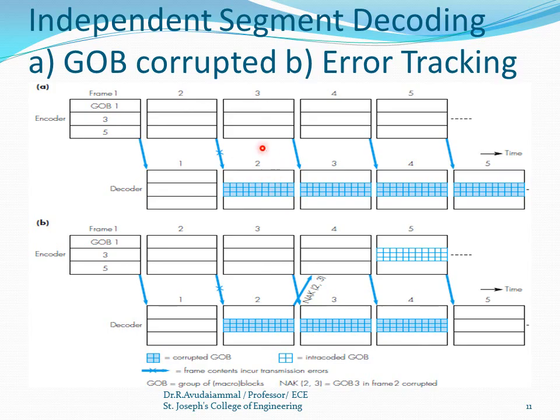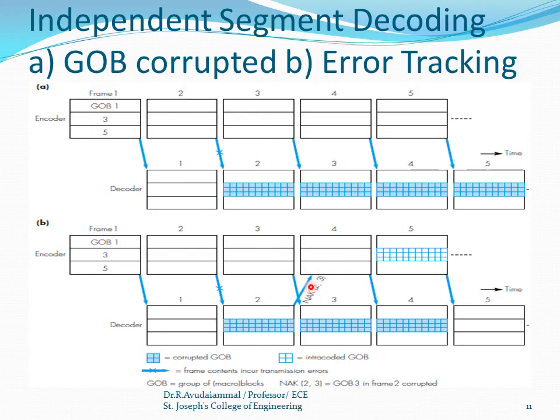Since the GOB is corrupted, the error would normally get propagated. When we do independent segment decoding, how is it handled? You see that it is transmitted, and during this transmission some problem occurs. Therefore, it transmits a negative acknowledgement. Here 2,3 indicates the second frame and the third GOB got affected.